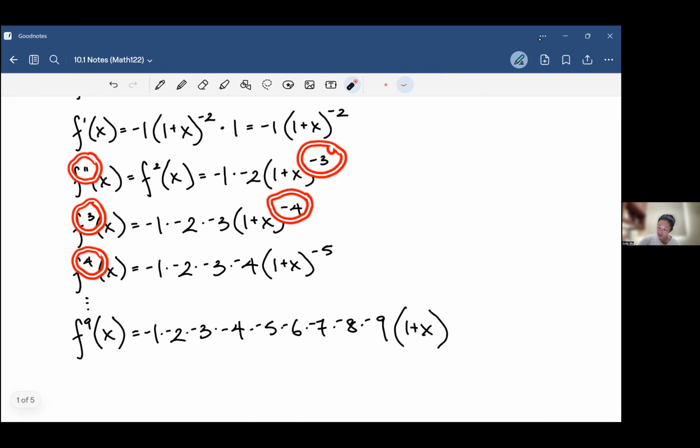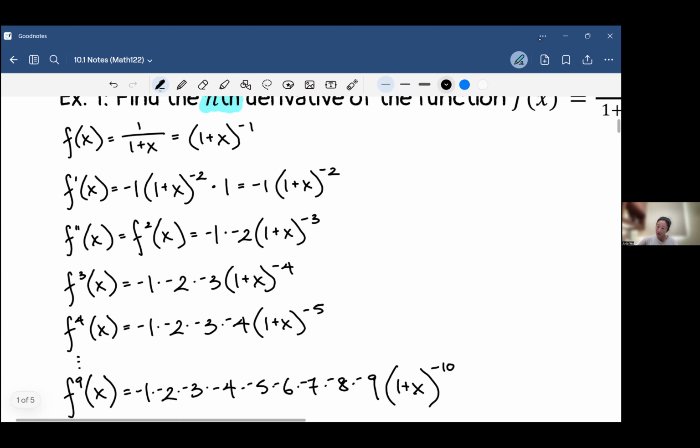And in the fourth derivative, it was to the -5 power. So if we're looking for the ninth derivative, it might make sense that it's going to be to the -10th power. Okay. So kind of cool that we can find all these derivatives, look for patterns, and then we can use those patterns to think about what other higher derivatives might be without having to find every single one in between, okay?